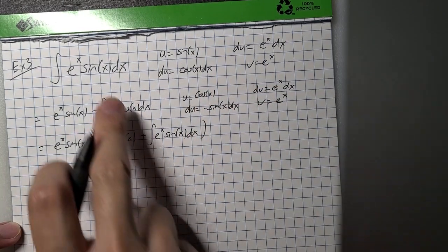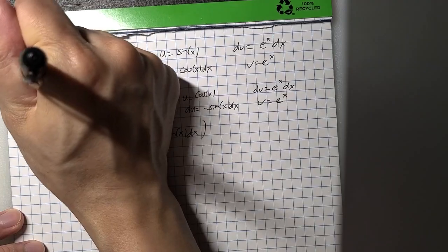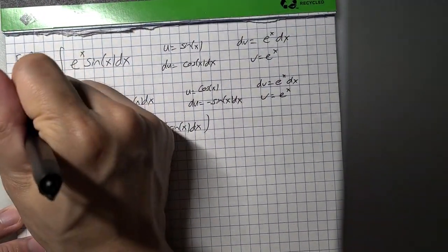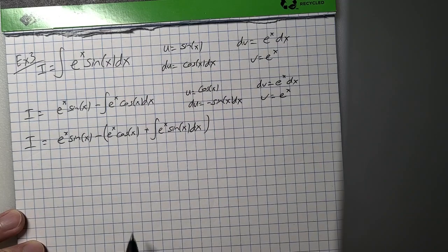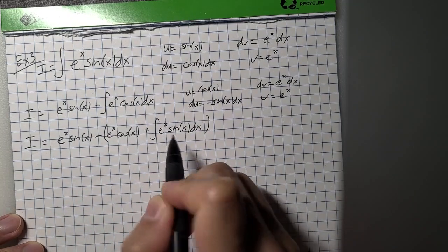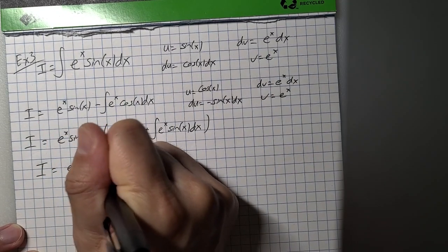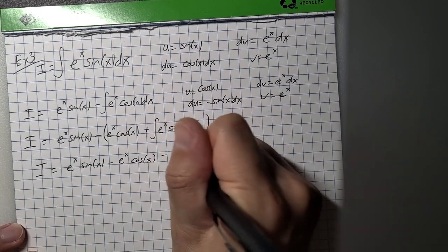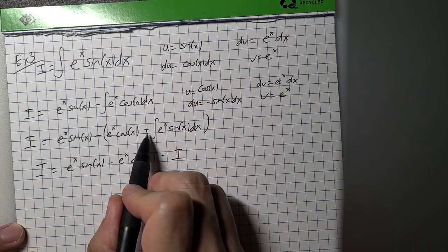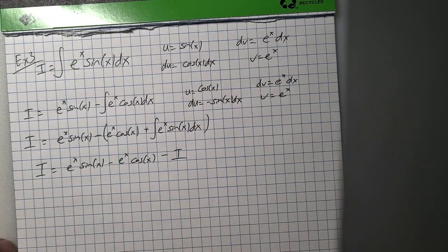So we got back the original integral. Was that what we wanted? Seems like we're getting nowhere, but this is the technique. Remember, we call this I. So this I is equal to this, I is equal to this, okay? This is also I, so we can rewrite it as I is equal to e to the x sine of x minus e to the x cosine x minus I. Okay, we distribute the minus sign, and then this is the I, so it becomes minus I. We can solve for I now.